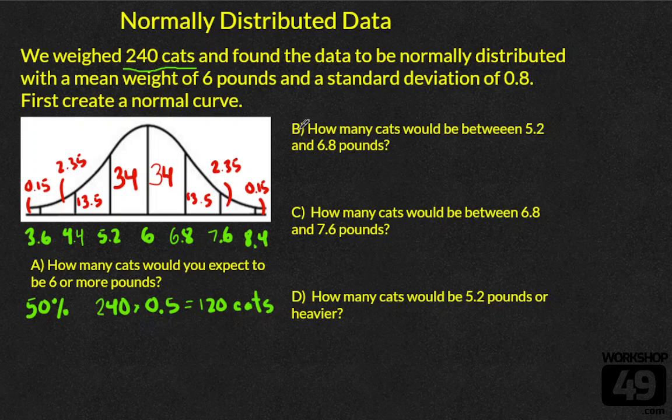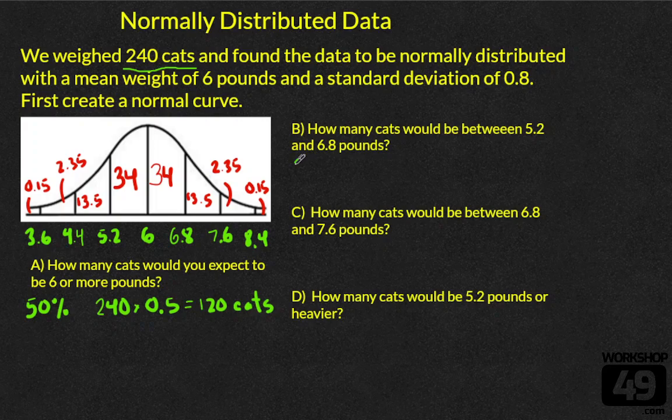Part B says, how many cats would be between 5.2 and 6.8 pounds? Between 5.2 and 6.8 pounds, that's our 34 and our 34, that's our 68%. This is still a nice one. You'll see a trickier one here in a moment.